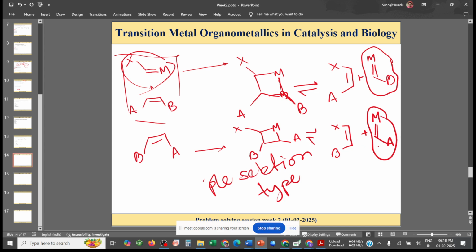Now this can again undergo the cross coupling reaction with this. So due to the generation of different metal carbene species in the intermediate, we are calling it a chain reaction.